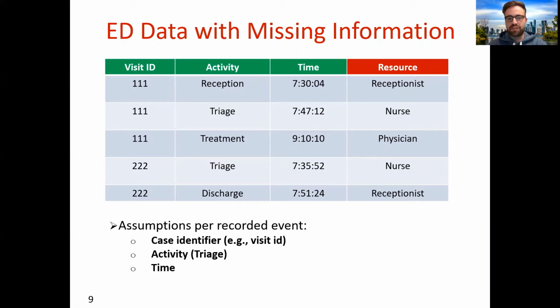We do not have the full temporal information. So the only thing we're going to assume to have are these three attributes: case identifier, the activity, and the time in which this activity actually occurred.